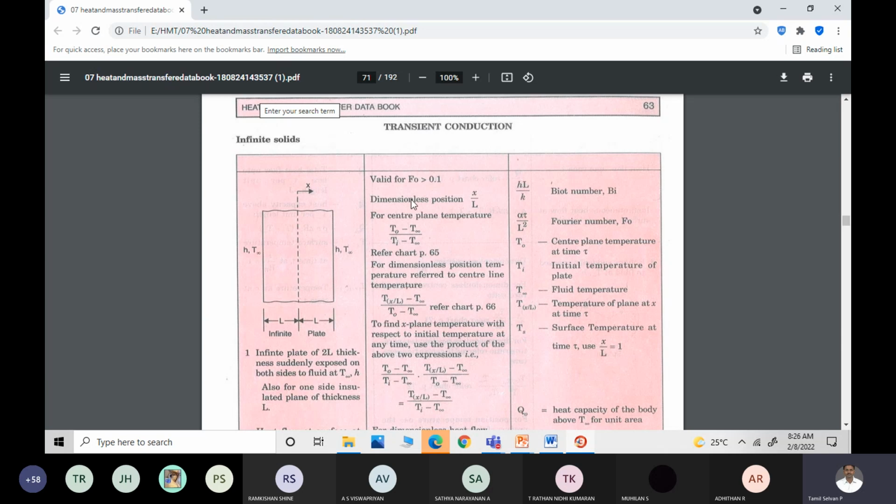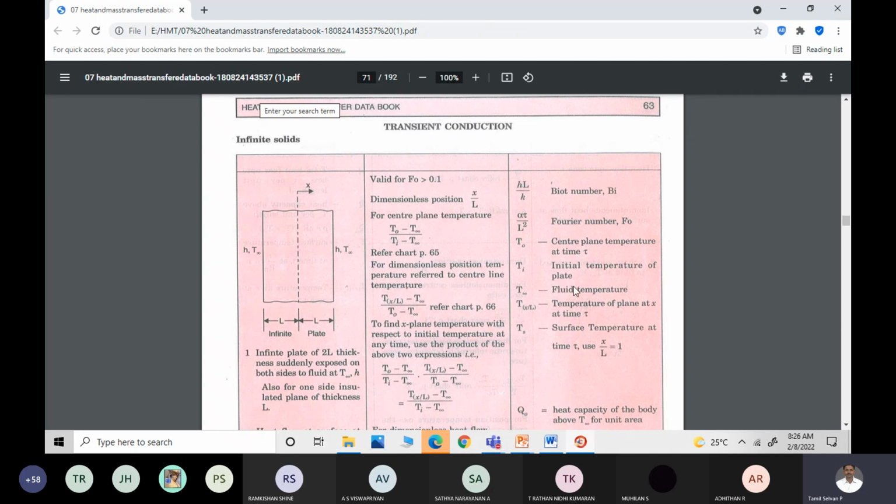Now for the central plane temperature, (T0 minus T infinity) by (Ti minus T infinity), please refer to chart 65. The dimensionless position is x by L, and the central plane temperature is (T0 minus T infinity) by (Ti minus T infinity), where T0 is the center plane temperature, Ti is the initial temperature, and T infinity is the fluid temperature.